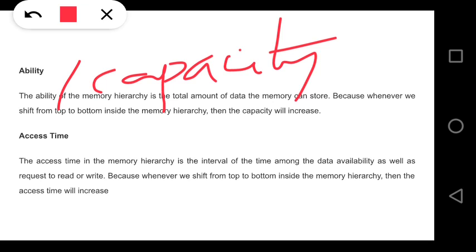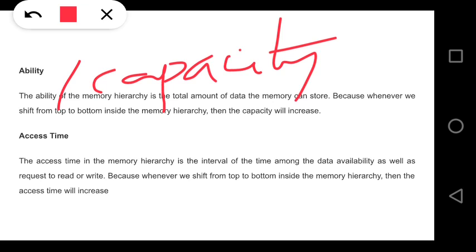The access time in memory hierarchy is the interval, that means the gap, of the time between the data availability, because if you want to perform a read operation, the data should be available in the memory first, and the request to read or write.